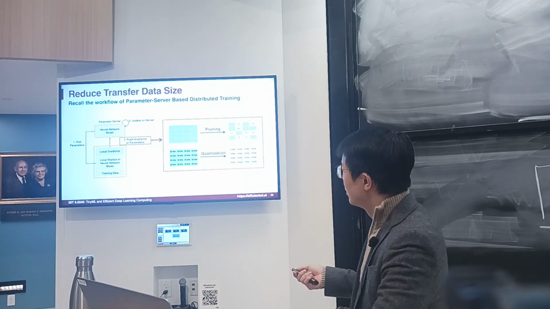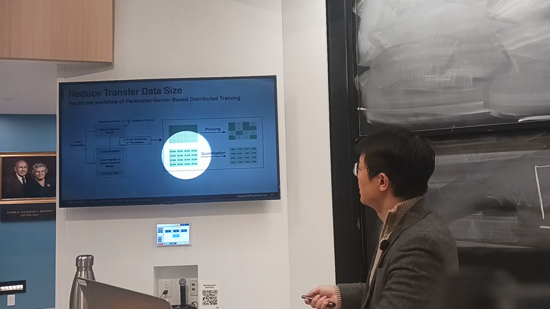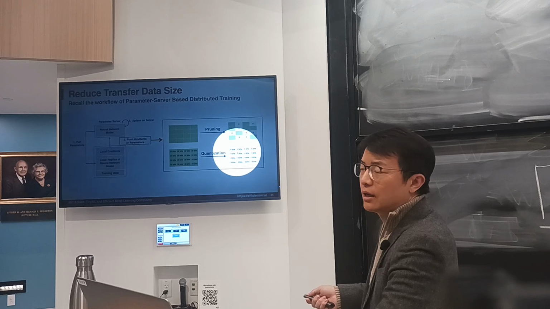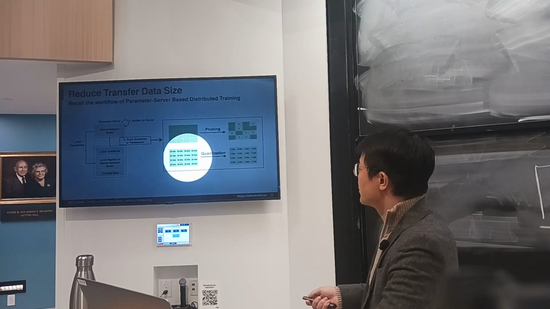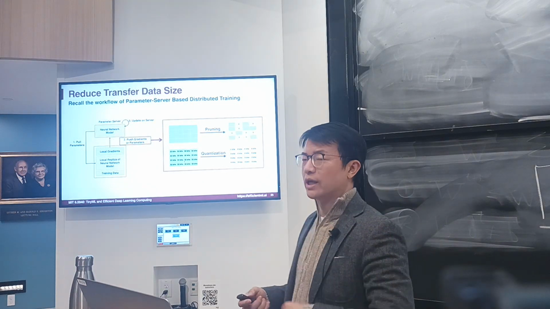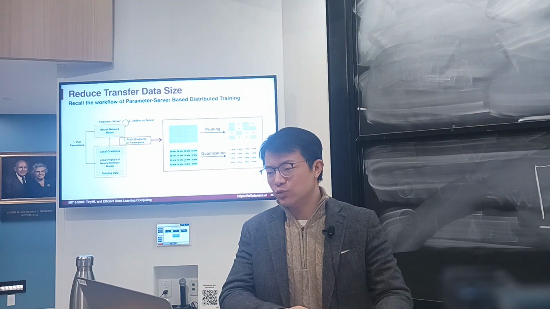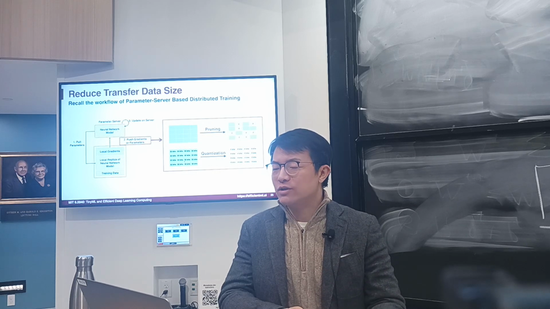Another approach is, rather than sending this 32-bit gradient, can we quantize the gradient to 8-bit and send a much lower precision gradient? This is 8 times saving compared with sending everything in 32-bit. So that's roughly two directions we can take to reduce the transfer data size.